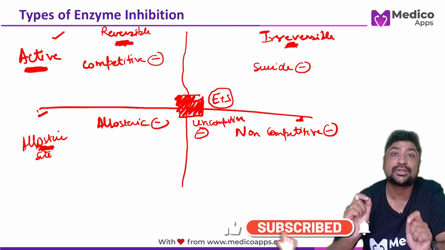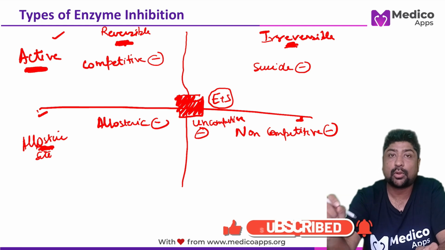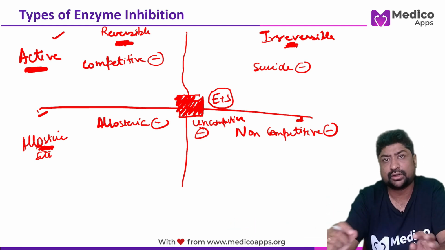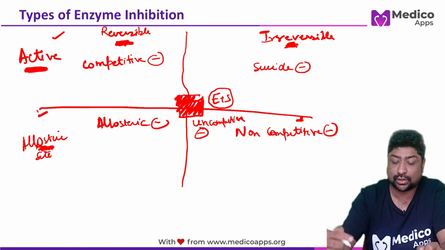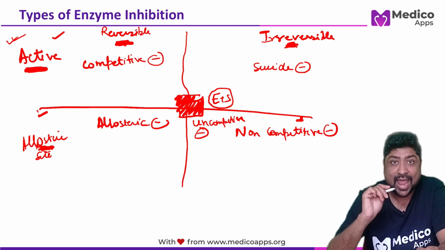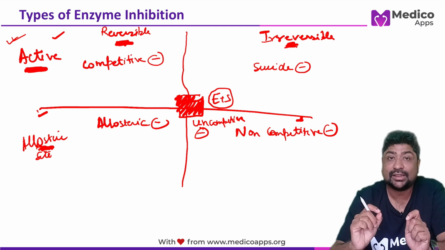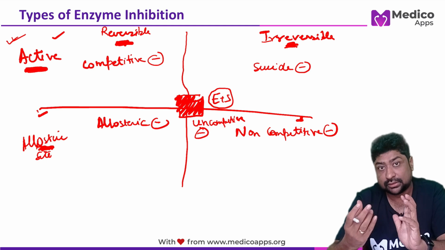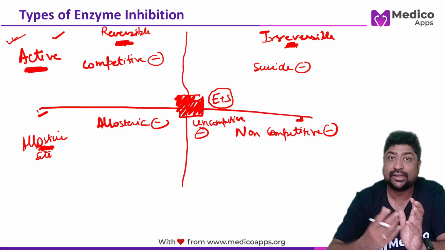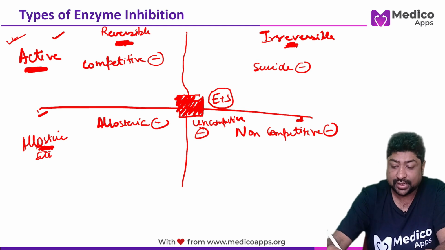Now is the key concept which I am going to tell you. If you remember this, any Lineweaver plot, any enzyme inhibition related question, you will be easily able to solve. So remember, whenever something is going to act on the active site, what is going to happen? The enzyme substrate interaction will be affected, and so the Km value will be affected.